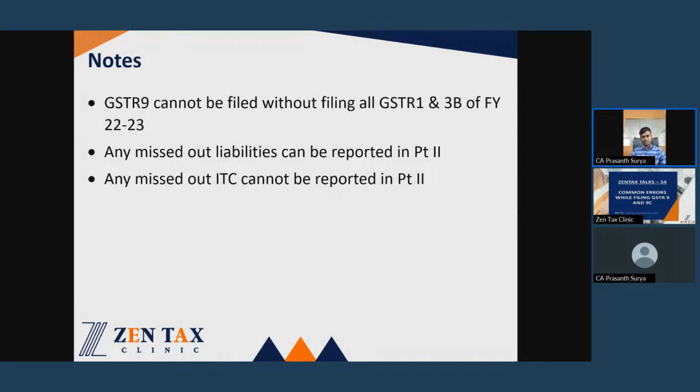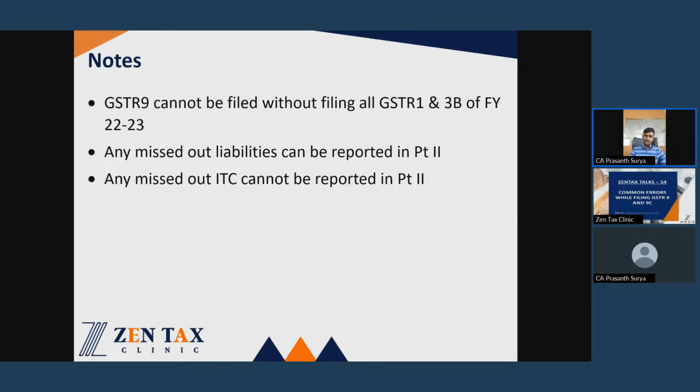Any missed out liabilities can be reported in Part 2. For example, if you have reported only around 5 crores turnover and your actual turnover is 5.3 crores upon closing of books of accounts under the Income Tax Act, the missed out liabilities can be reported in GSTR9.